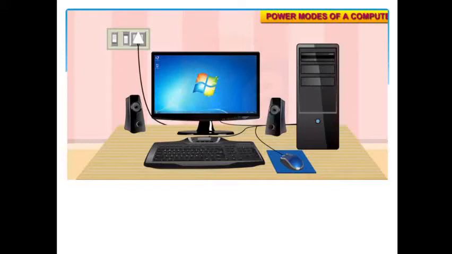Whatever applications, whatever programs you have opened, make sure you close all those programs and then only close your computer. Why? Because this not only saves energy and keeps your computer secure, but it also ensures that whatever information you have in the computer remains safe.